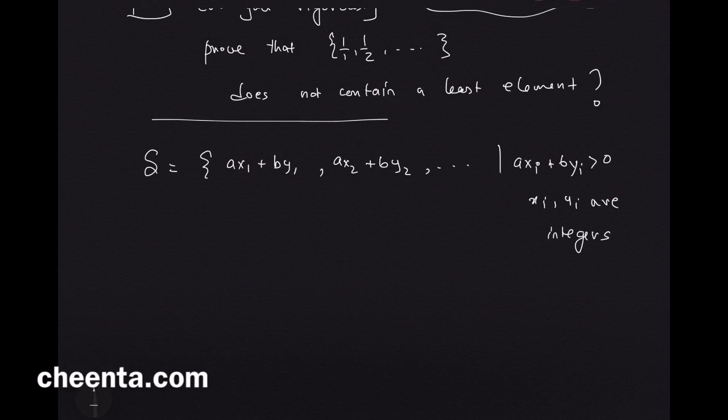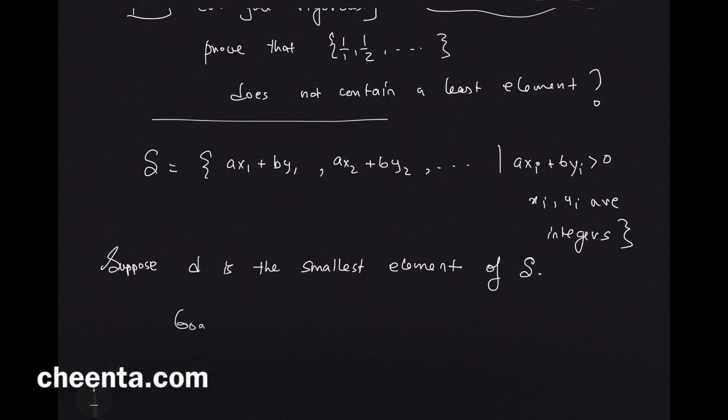And suppose d is the smallest element of S. Our goal is to show that this d, the smallest element, is the GCD of a and b.